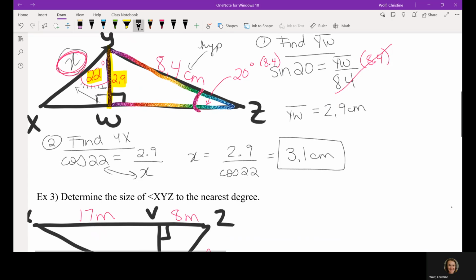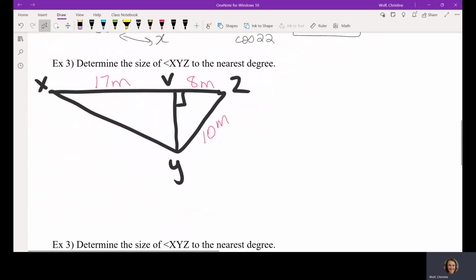Okay. Copy this down. Example 3, determine the size of angle XYZ to the nearest degree. So copy that down and then we'll talk about what we're looking for here.